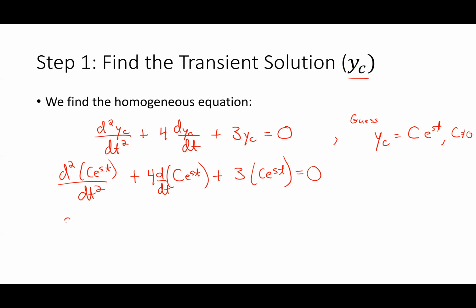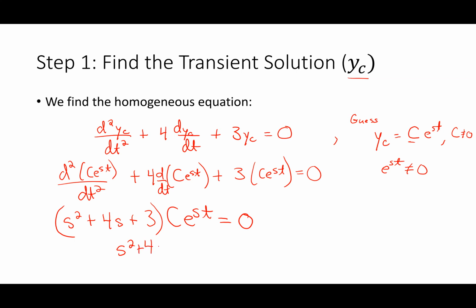So I get s squared plus 4s plus 3, times a common factor of c e to the st. Because c is never equal to 0, and e to the st is never equal to 0 either, it must be that s squared plus 4s plus 3 is the term equal to 0.